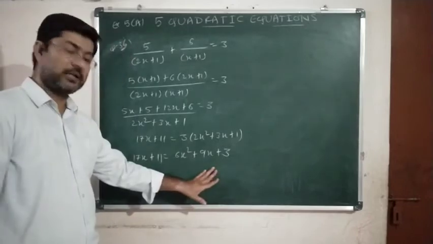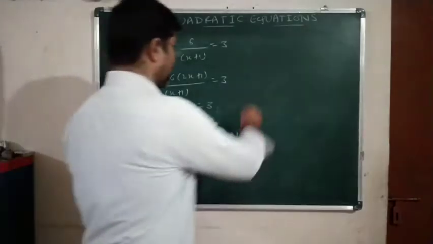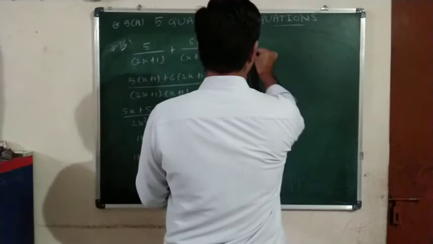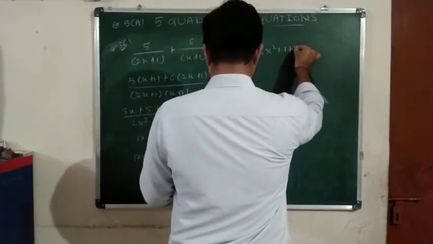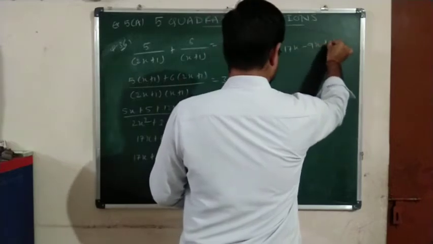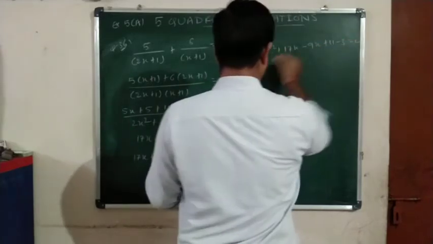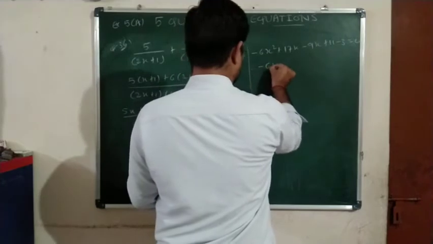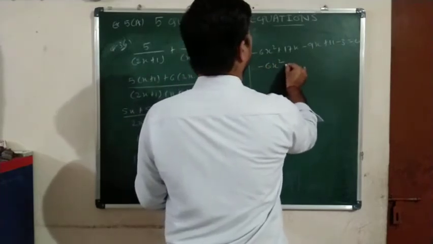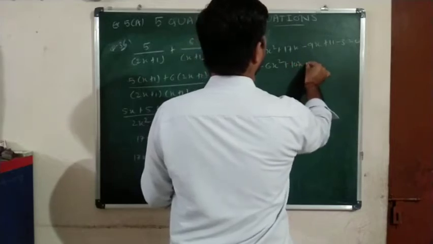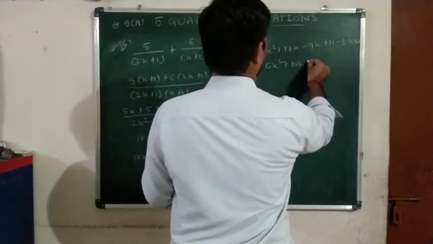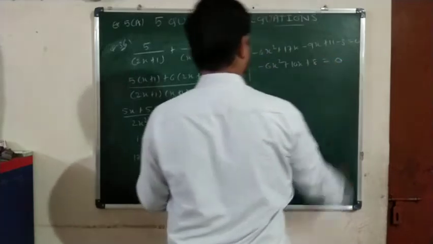Now let us transpose all the terms to the left side. So minus 6x square plus 17x minus 9x plus 11 minus 3 equals 0. Therefore minus 6x square plus 10x plus 8 equal to 0.